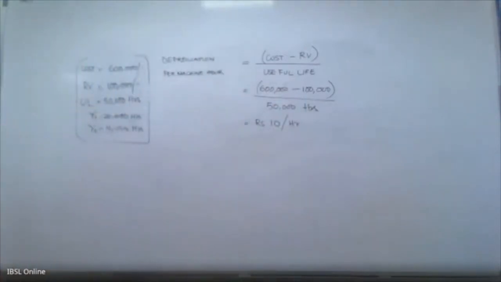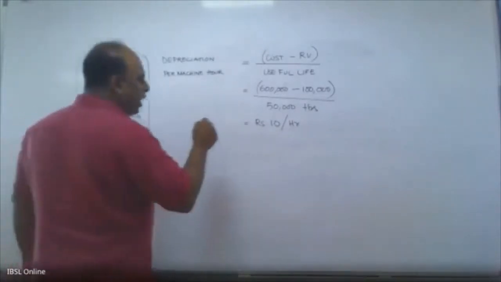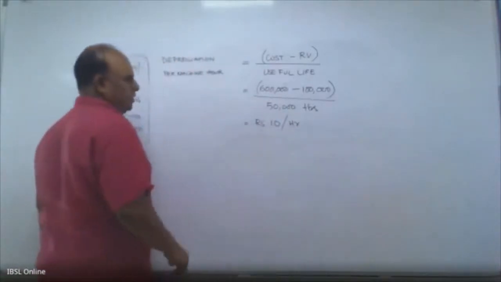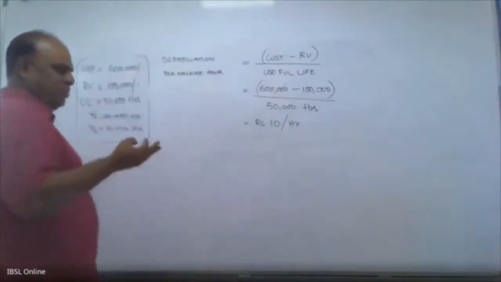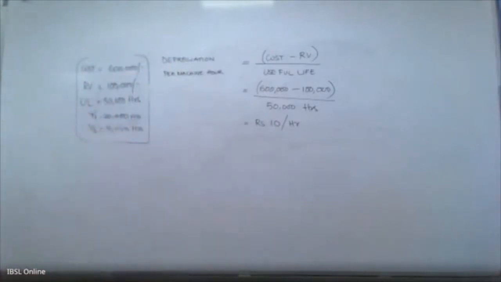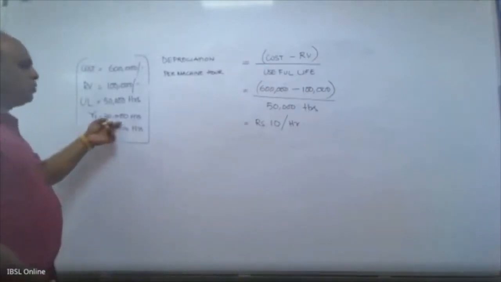This you have to remember how to write. So what do you mean by that? Every hour when you use it, you have to allocate depreciation of 10 rupees. You see? Looks like a small number. What will happen? You will use it for long hours.